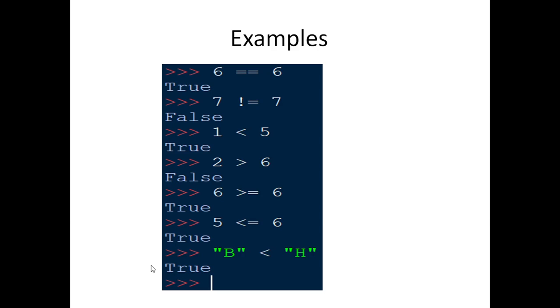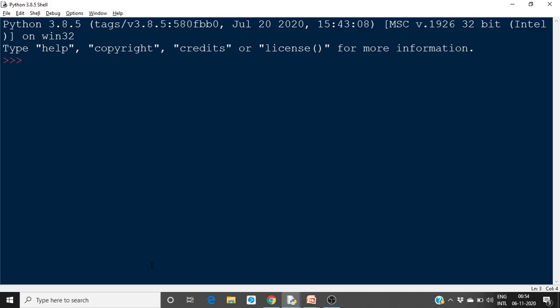I'll show some examples. You can use a comparison operator to check anything. If you want to check whether 7 equals 8, it will return either true or false. That's why it's called the Boolean data type. If you check whether 8 is greater than or equal to 34, it is false.